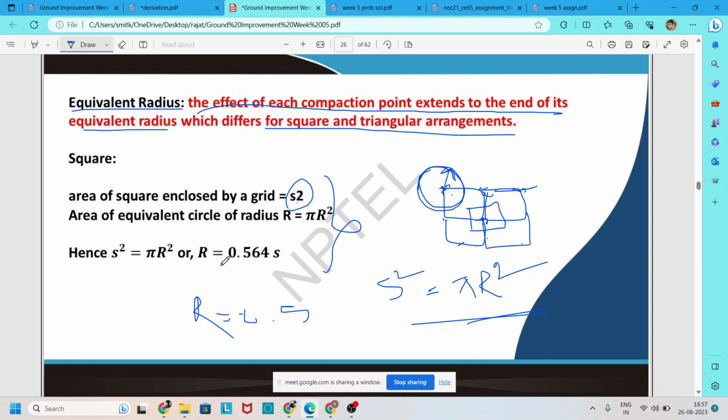And if we replace this square influence area by one equivalent area, and by this formula, we can find out that R is equal to 0.564 S. S is nothing but the spacing of two compaction points. So like that, we find out the influence area.